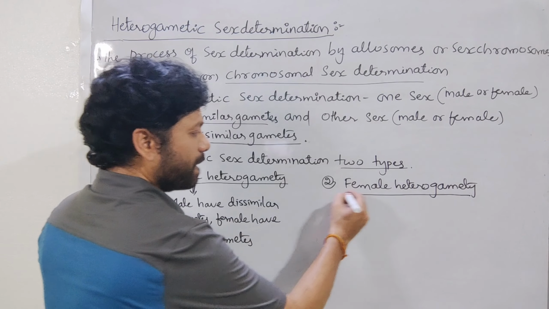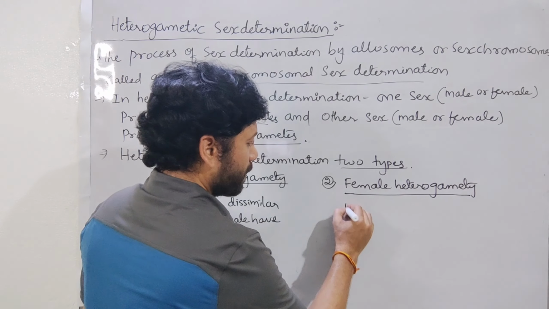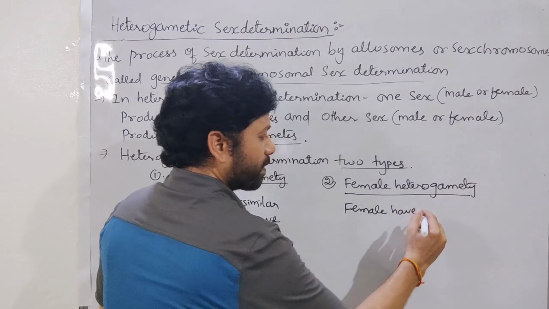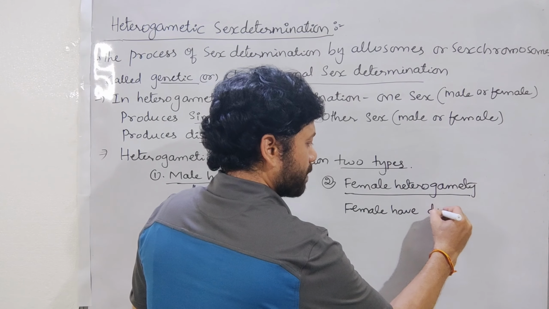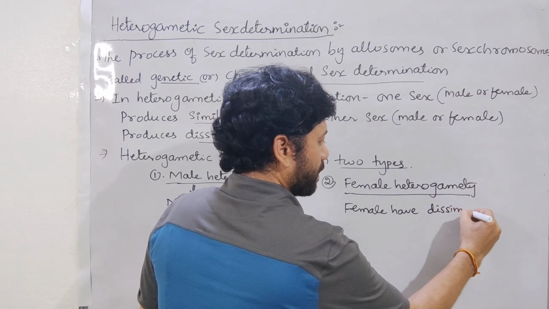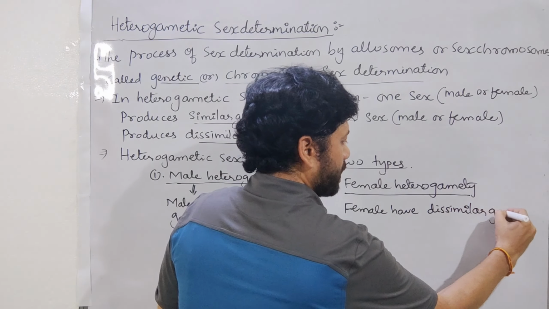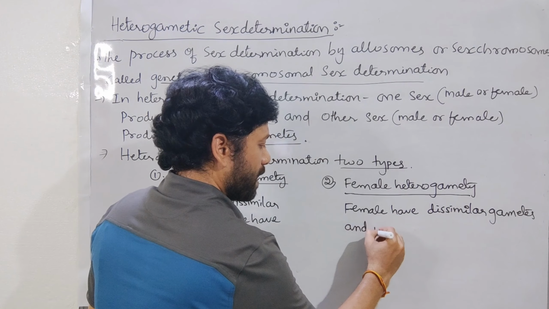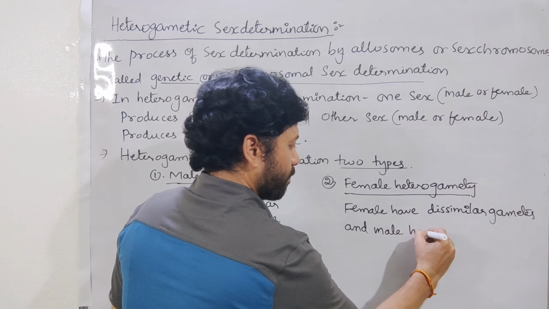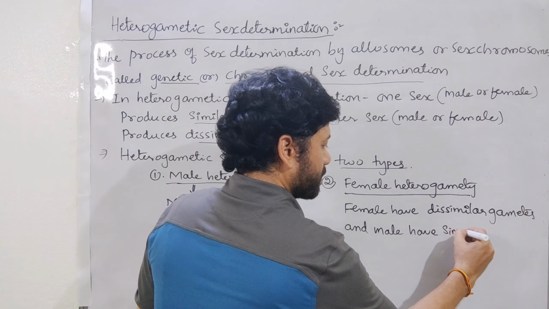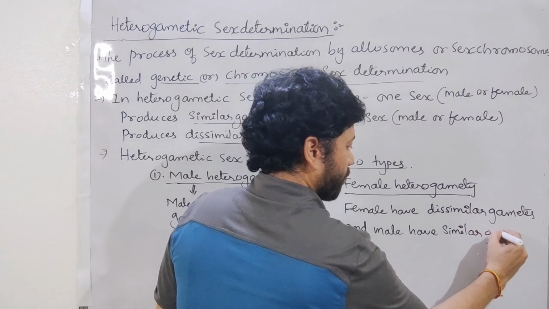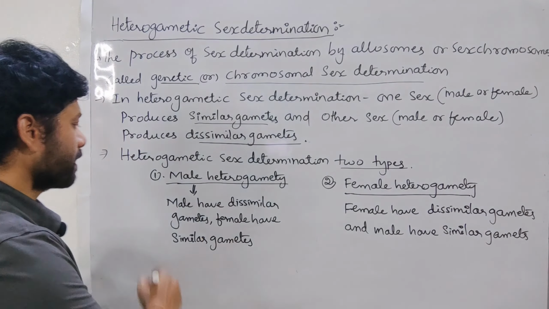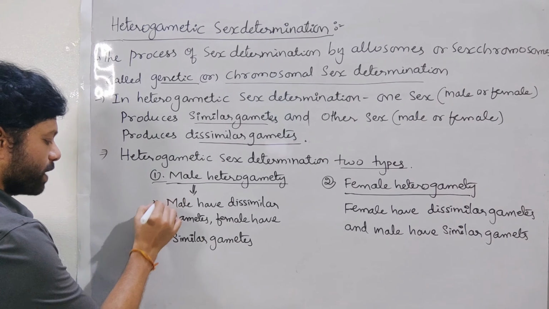Here it is the opposite: in female heterogamy, the female has dissimilar gametes and the male has similar gametes. Okay, now male has the similar gametes.